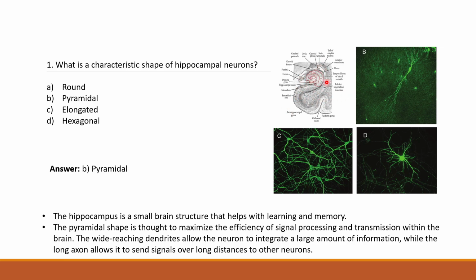Within this part of your brain, the pyramidal neurons are present. This is how your pyramidal neuron looks. This is an immunofluorescent staining of neurons from the hippocampus.